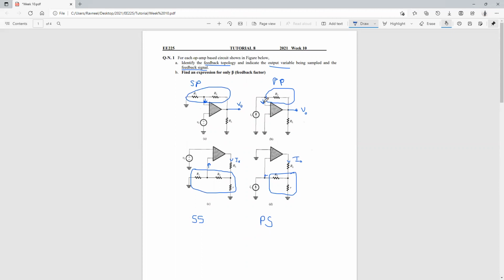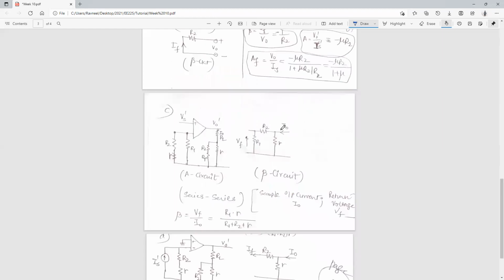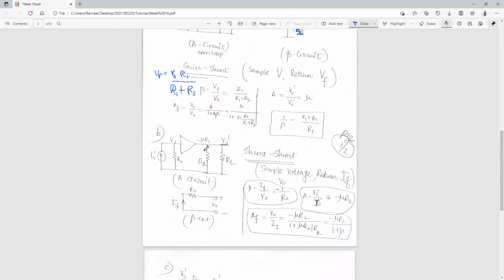So we break it at the feedback point. If we break it at that particular point, you can see your RL becomes in parallel with your R2. So the output resistance then becomes your R2 in parallel to your RL.